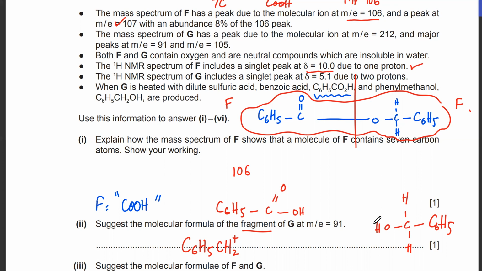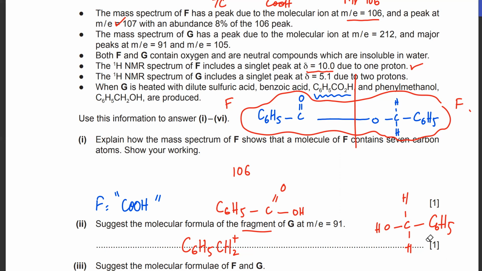That even crosses 108. We need 2 hydrogens fewer, because I'm crossing the peak at 106. So how do I get rid of 2 hydrogens?